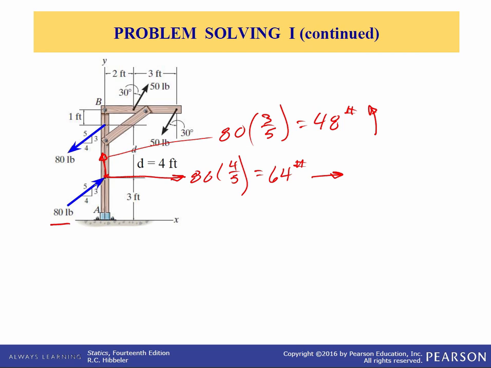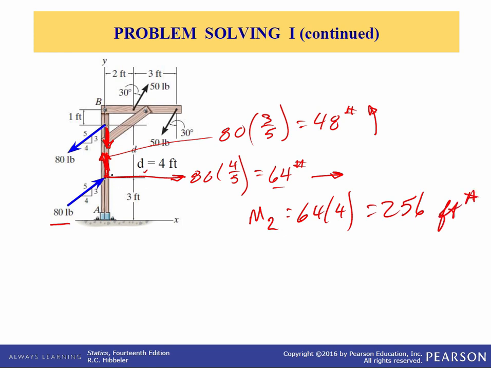Similar to what we did before, this time the y components of both these forces lie along the same line, so they don't contribute to the couple moment. Only the x component of the force does. And it's separated by a distance of 4 feet. So the moment here is equal to 64 times 4, which is 256 foot-pounds.